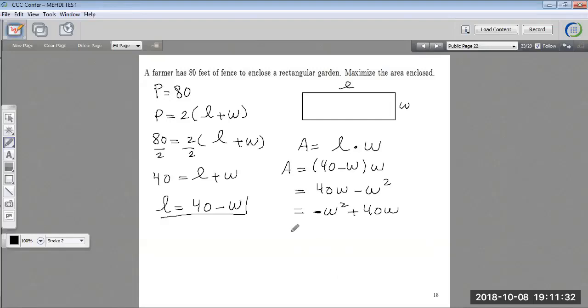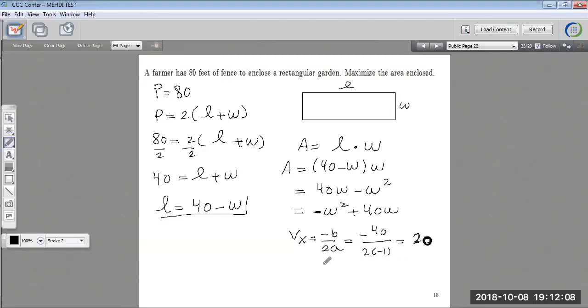How do you find the x position of the vertex? We have x equal to minus b over 2a. What is b in this case? Your b is the coefficient of W, which is 40. Your a is minus 1. So minus 40 over minus 2, that gives you 20. So the x position of the vertex is 20. This is where your graph would be maximized.